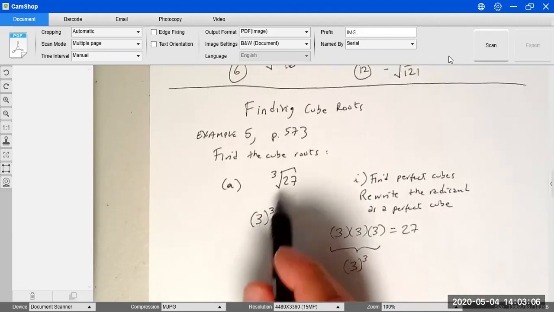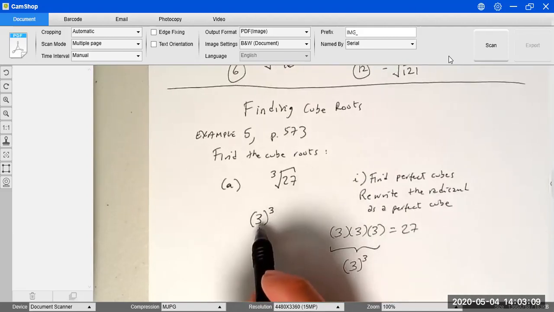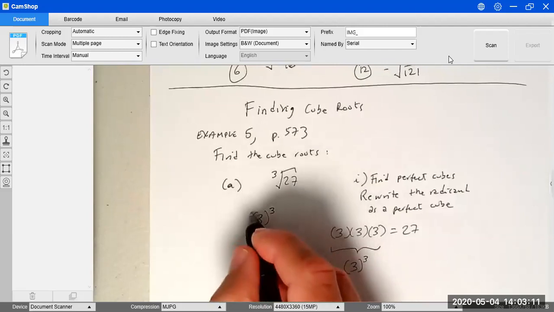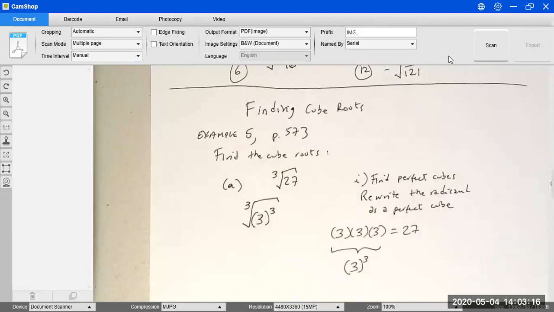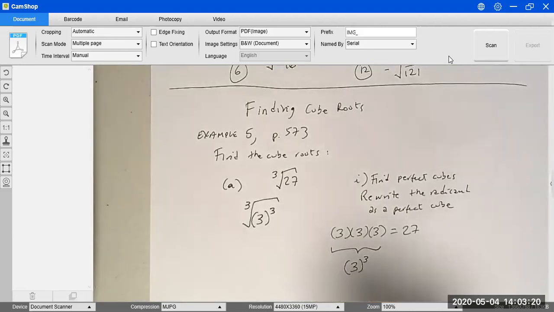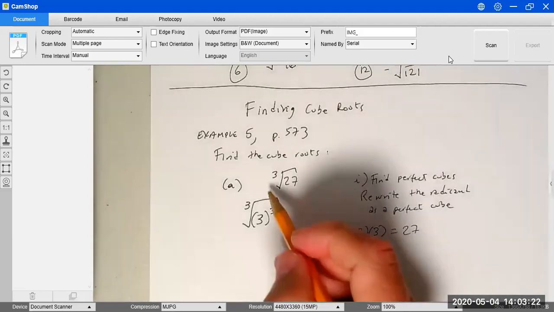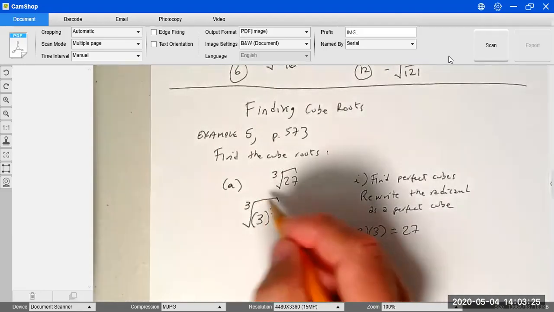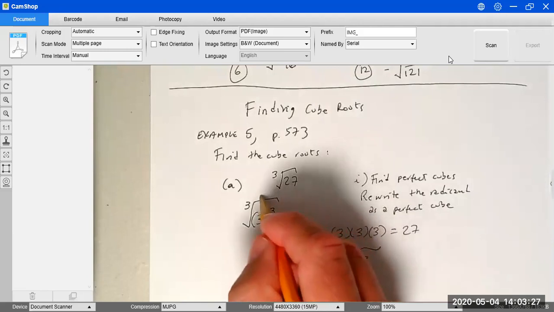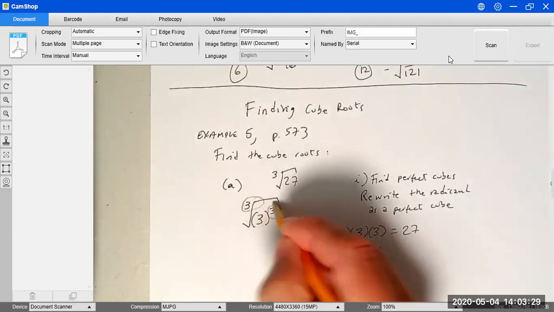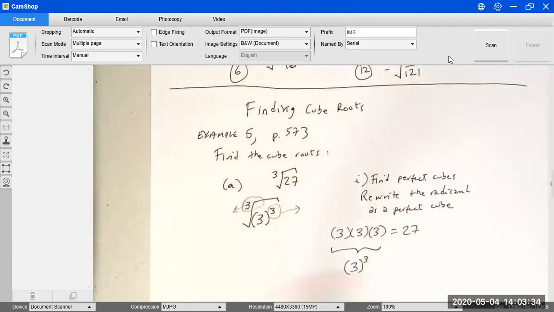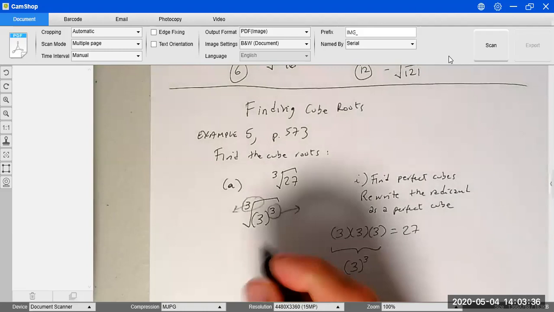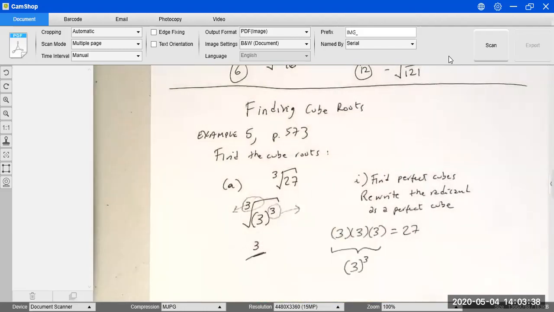So 27 is going to be written now as 3 to the third power, and then we have my radical sign with index 3. So now we're going to be able to remove the radical, in this case of index 3, if you have the exponent 3 here. So these things go away, so the final answer is just going to be 3.